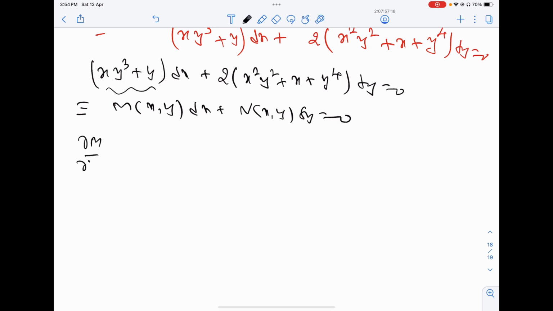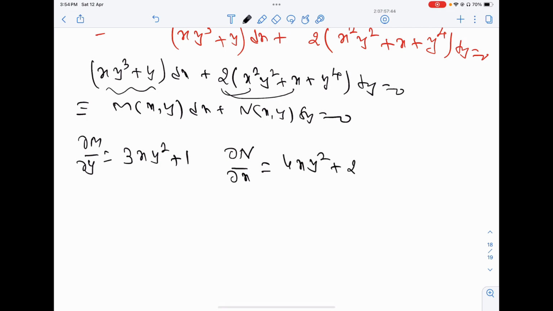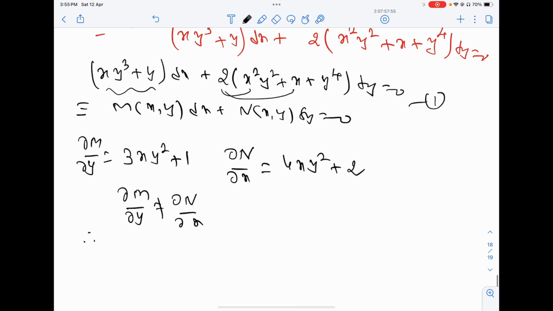Del M by del y is 3xy square plus 1, and del N by del x, multiply 2, so that is 2x and 2 multiply, so that is 4xy square plus 2, and we see that del M by del y is not equal to del N by del x, and therefore ODE 1 is not exact.